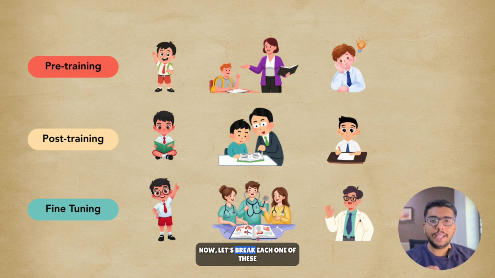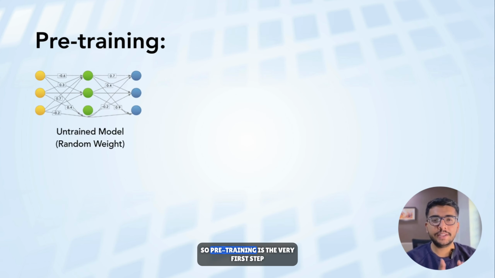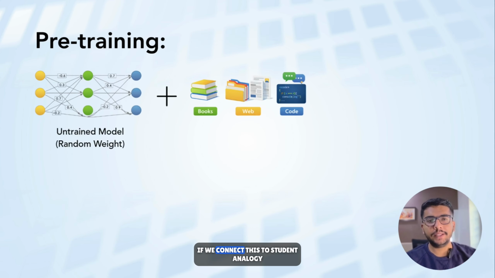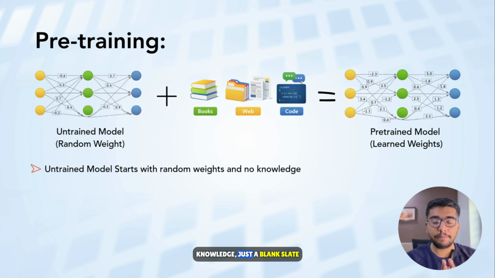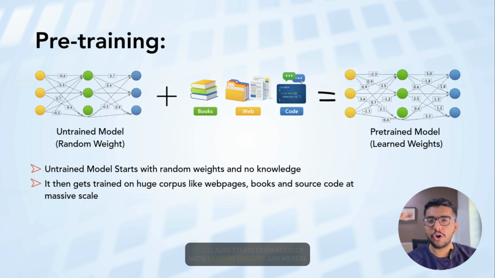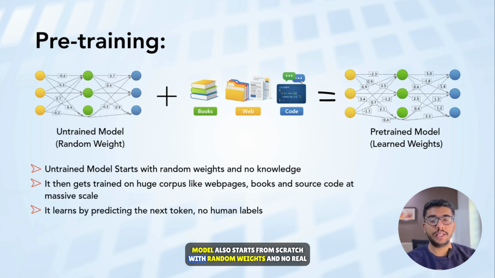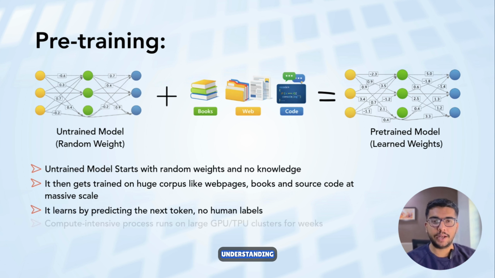Now, let's break down each one of these, starting with pre-training. So pre-training is the very first step. If we connect this to the student analogy, it's like a student starting school for the first time with no prior knowledge, just a blank slate. Similarly, the model also starts from scratch with random weights and no real understanding.